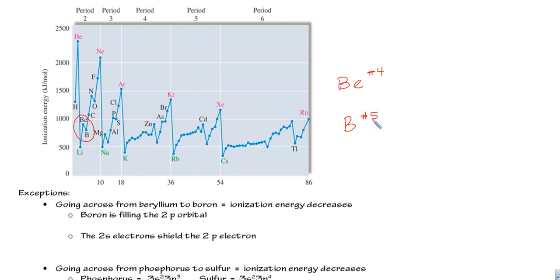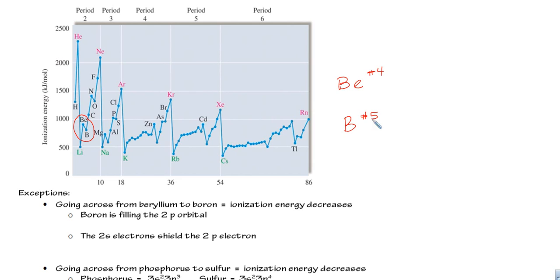So you would expect boron to have a greater attraction between the 5 protons in the nucleus and the 5 electrons versus beryllium, who's only got 4 protons and 4 electrons. So if there's more attraction within the boron atom, you'd think it would be a smaller radius, more attraction, require more ionization energy. And it's less.